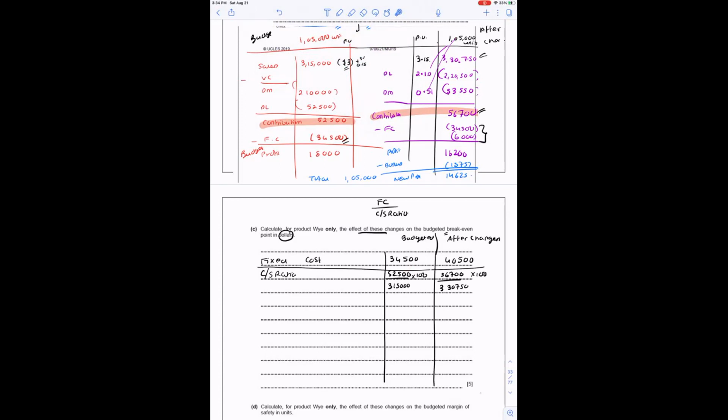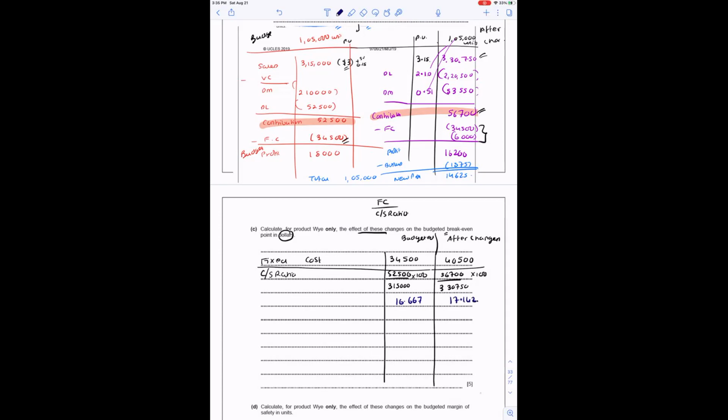The contribution to sales ratio is 16.667. Here we will see 56,700 divided by 330,750. The contribution to sales ratio is 17.142.